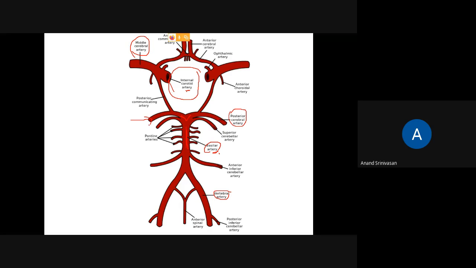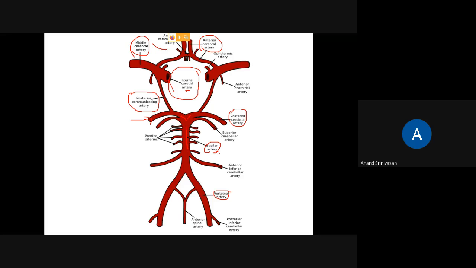It connects the posterior cerebral artery and the middle cerebral artery. The name of this artery is posterior communicating artery. Similarly, there is another branch from the internal carotid which goes anterior and is called the anterior cerebral artery.